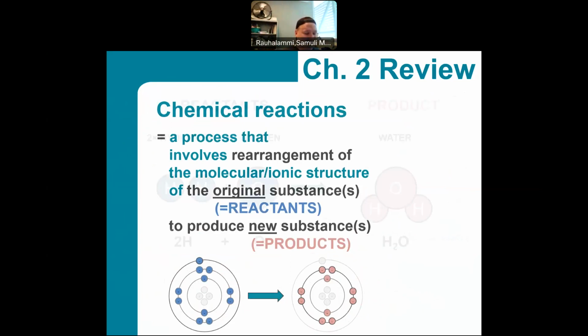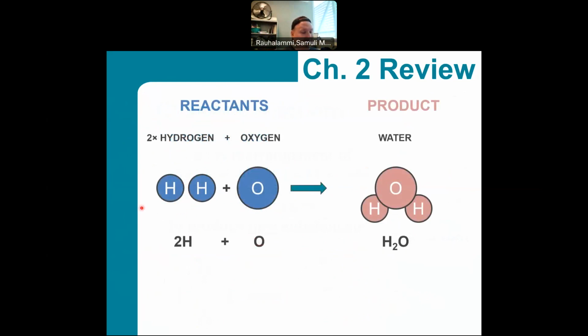I have an example here. So what we're seeing here, we have a reaction where we have reactants that include two hydrogens and one oxygen. If you ever have two hydrogens and one oxygen together, they do tend to get together and form a molecule, and that molecule is now, in terms of its chemical formula, H2O, because there's two hydrogens and one oxygen all joined together.